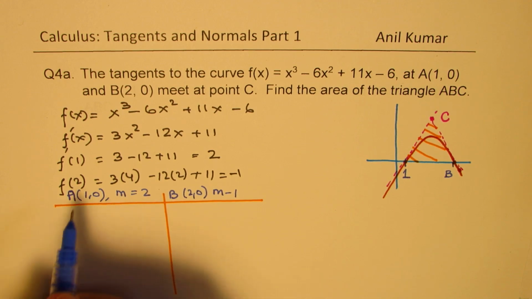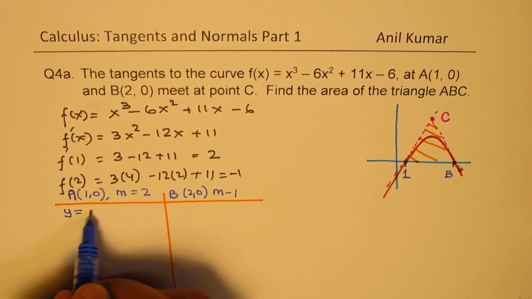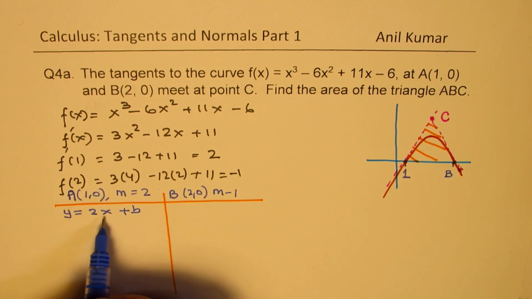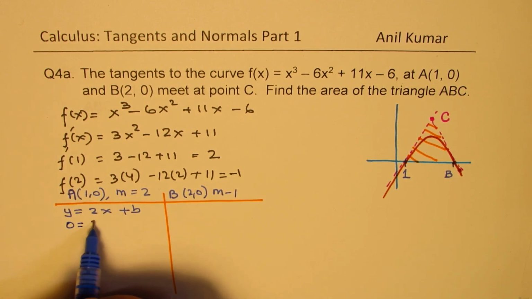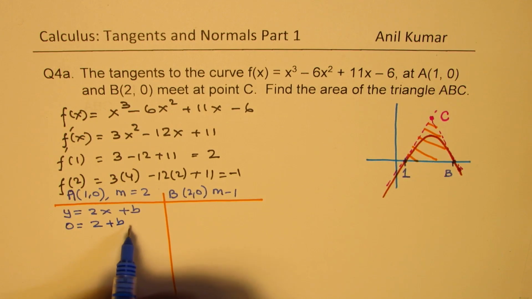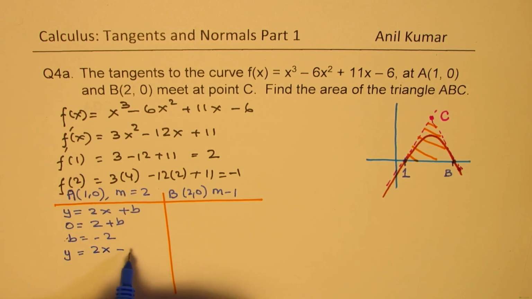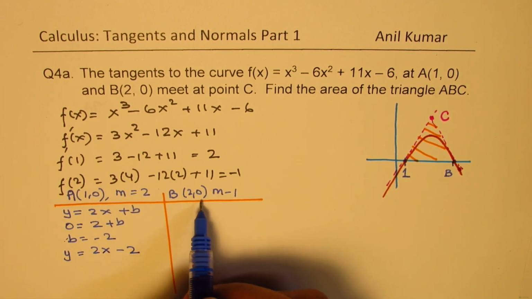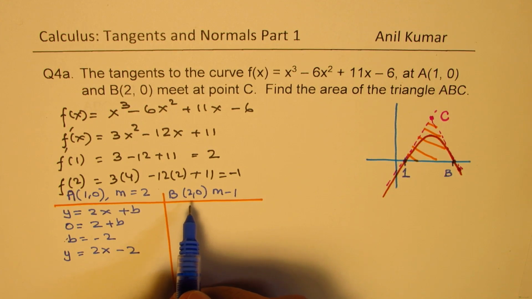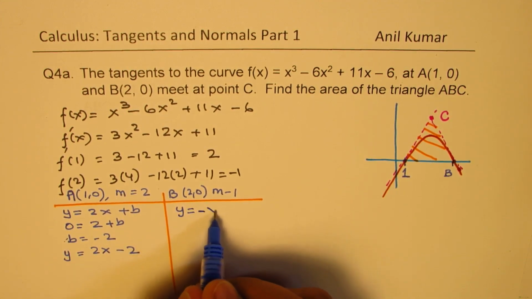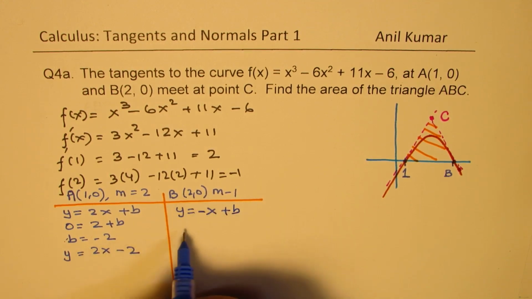So we can write this equation as y equals 2x plus b, at the point 1, 0. So 1 here and 0 there. So we get 0 equals 2 plus b. So that means b is equal to minus 2, or the equation is y equals 2x minus 2. In this case, we get the equation as y equals minus x plus b, at 2, 0.